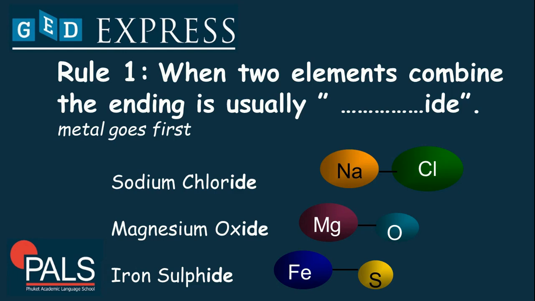For example, sodium chloride, that would be NaCl. As you can see, sodium is metal and chlorine is non-metal. The same is true with magnesium oxide. We have magnesium on your left and oxygen on your right. And we have iron sulfide, with iron on your left and sulfur on your right.